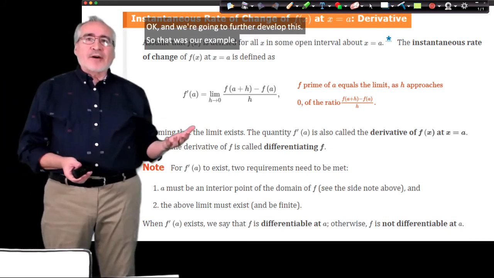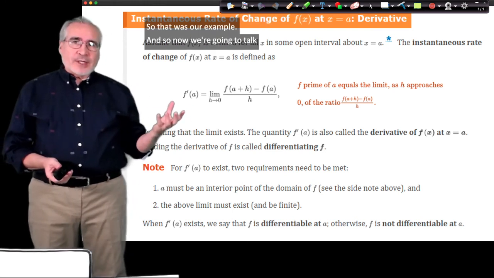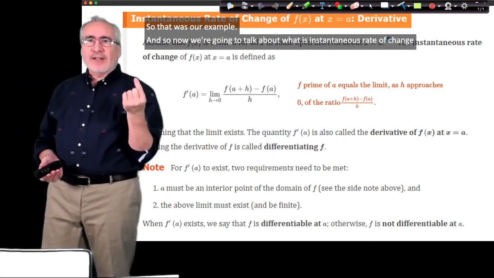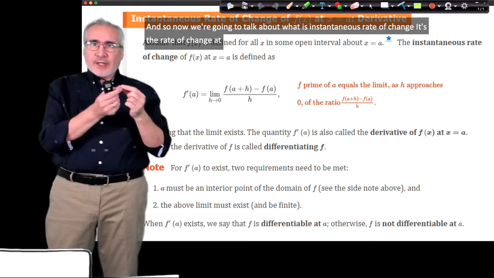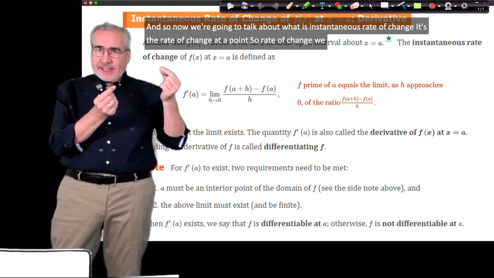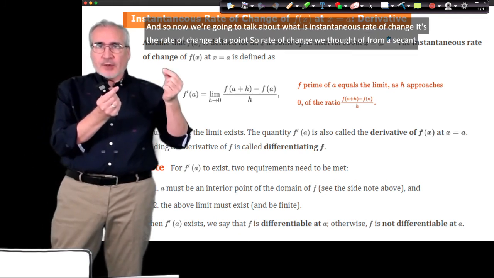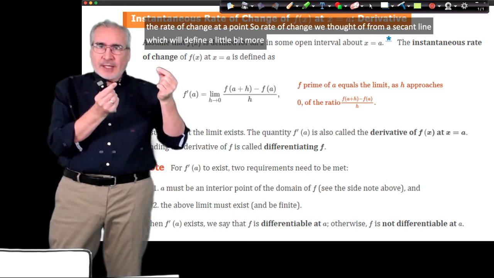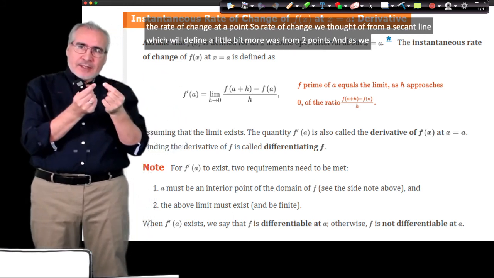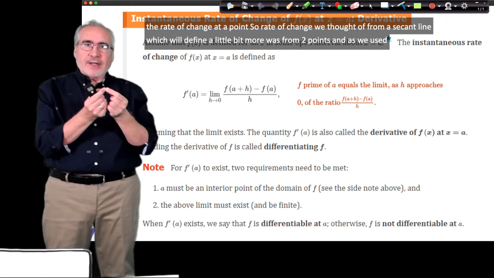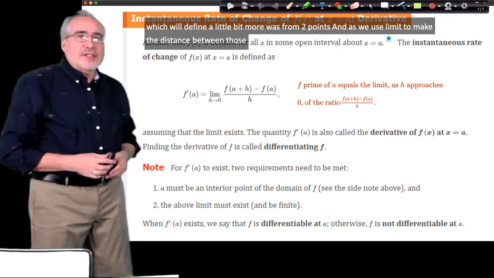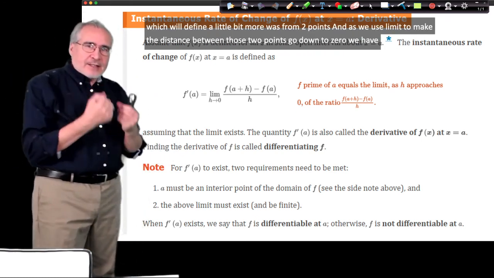And so now we're going to talk about what is instantaneous rate of change. Well, it's the rate of change at a point. So rate of change we thought of from a secant line, which we'll define a little bit more, was from 2 points. And as we used limits to make the distance between those 2 points go down to 0, we have instantaneous rate of change at this instant.